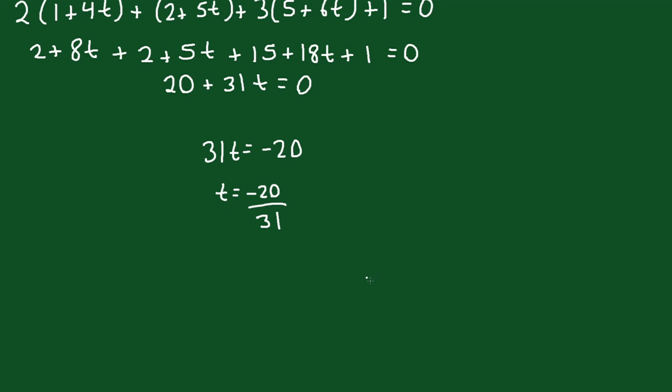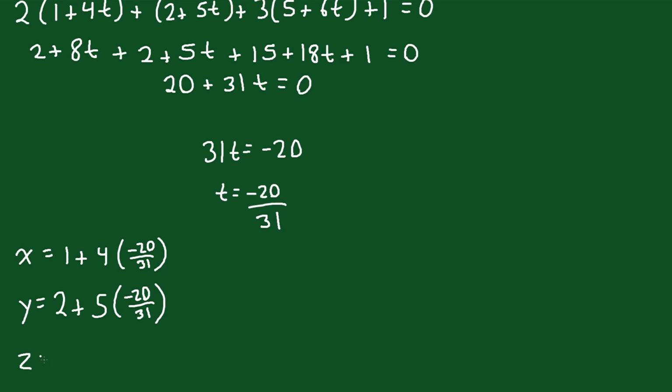We can use this to solve for x, y, and z because remember we said x was equal to 1 + 4t, or 1 + 4 times -20/31. We said y is equal to 2 + 5t, or 2 + 5 times -20/31.